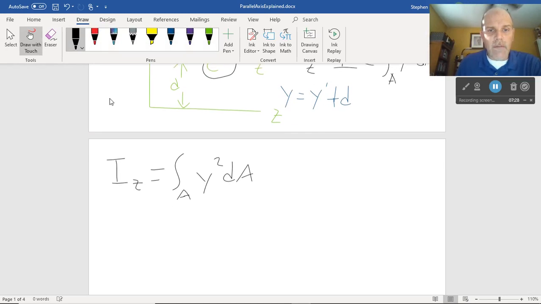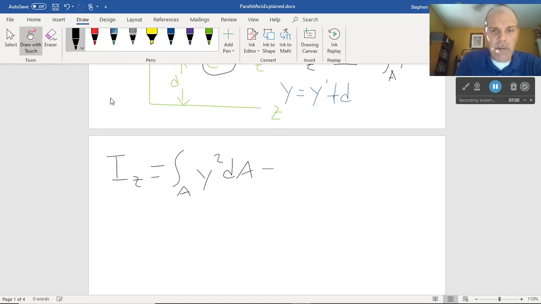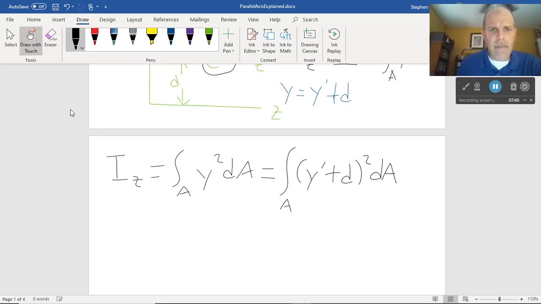is that the integral of y squared dA is equal to the integral over the area of y prime plus d, pardon me, got a little ahead of myself, of y prime plus d squared dA, okay?